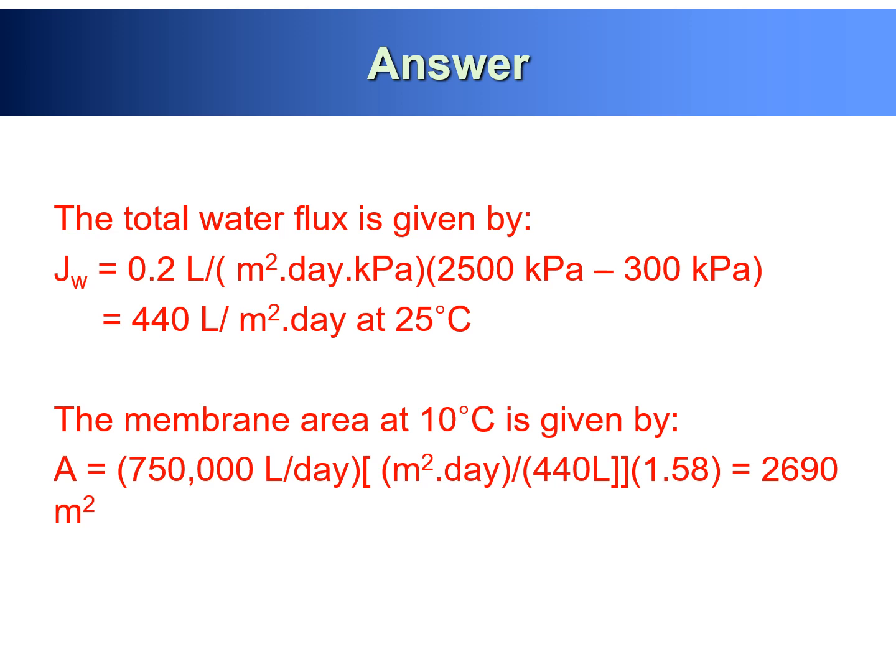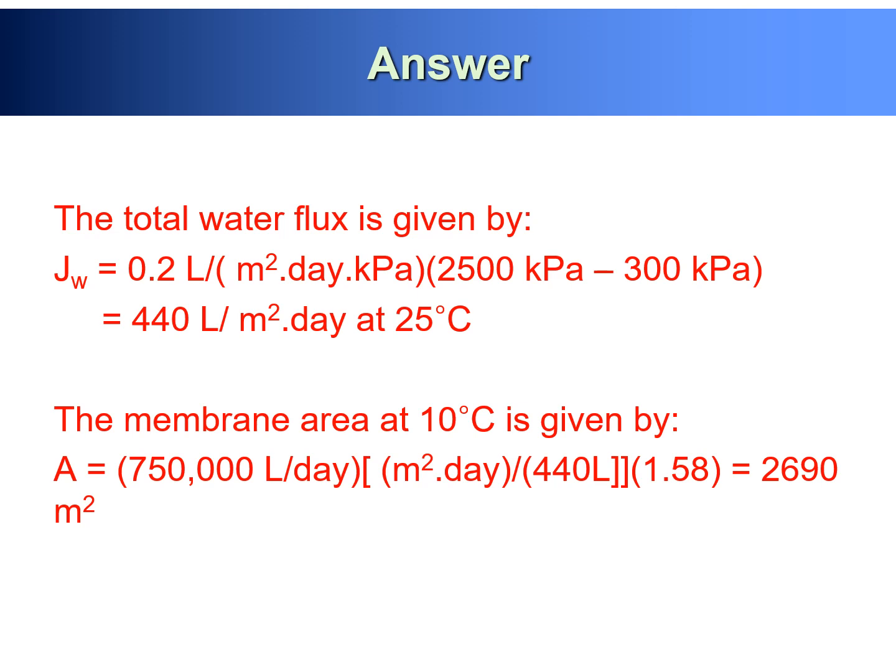So A is equal to, we need to calculate the total amount of water, 750,000 liters per day, and we also use the 440 overall water flux from this membrane, and this is the temperature factor. So when you have a high temperature, you have a higher water flux, and at lower temperature, lower water flux. So we need to apply 1.58, the temperature factor.